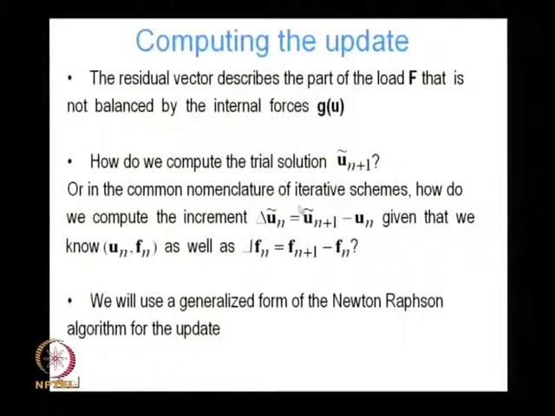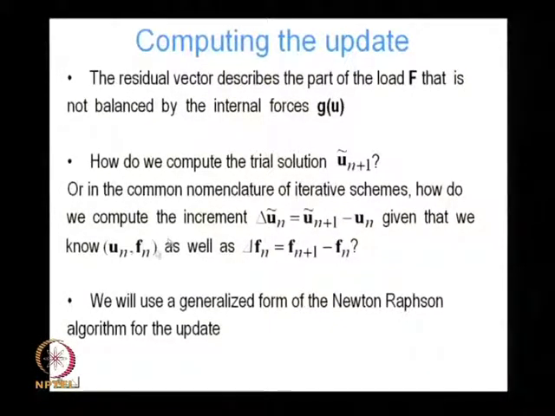Why do I have a tilde? Because that is my guess to the displacement at n plus 1. When this becomes exact, the tilde will go away, and I will have delta u n equal to u n plus 1 minus u n, but since it is approximate, I have the tilde.